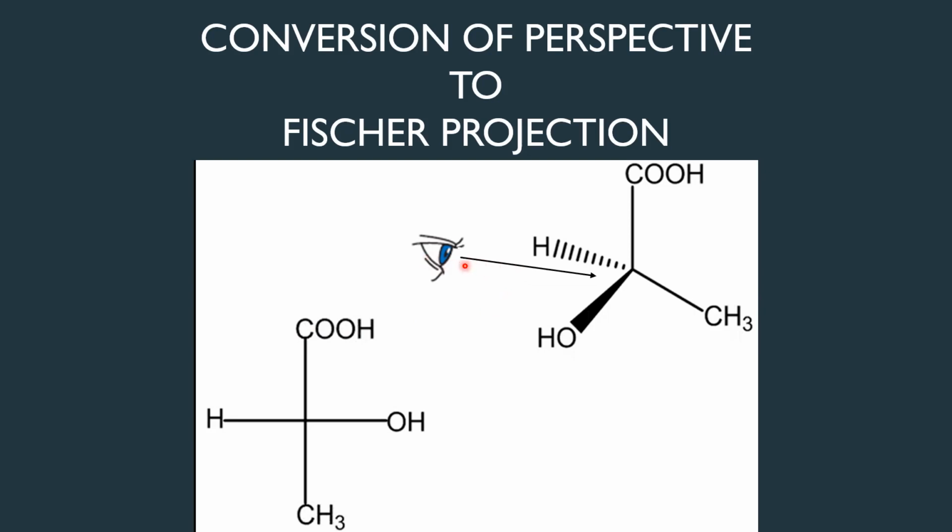And when I view the molecule from here, this hydrogen is at my left, OH is at my right. And these two I have to keep in the arms of the Fischer projection at the left and right respectively. The group that is going away from me, the methyl, I have to place at the leg side of the Fischer projection. So this is how this perspective formula can be converted to Fischer projection.